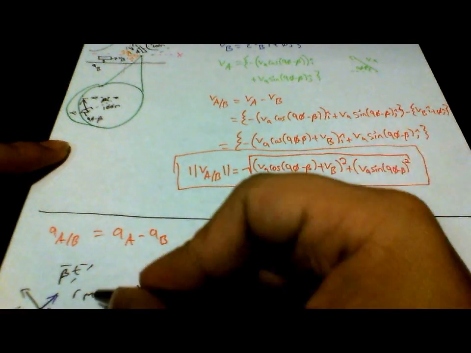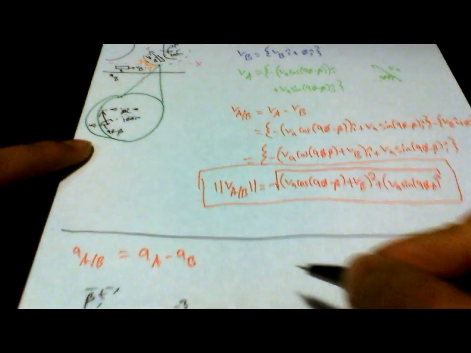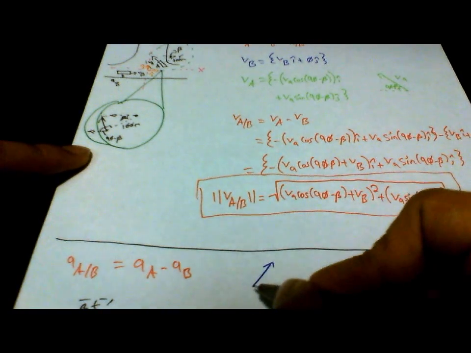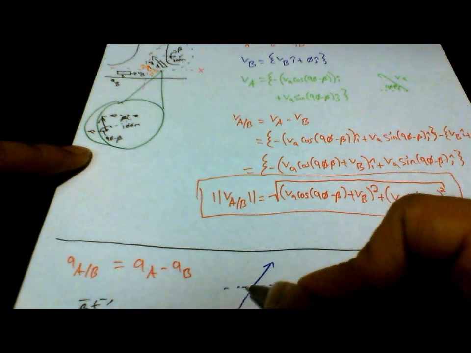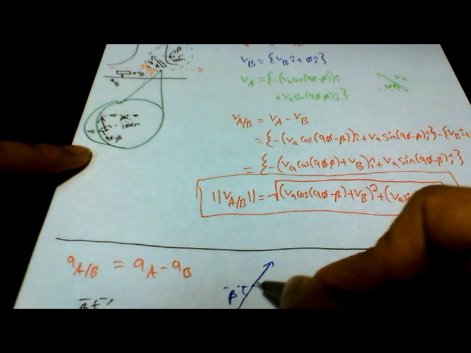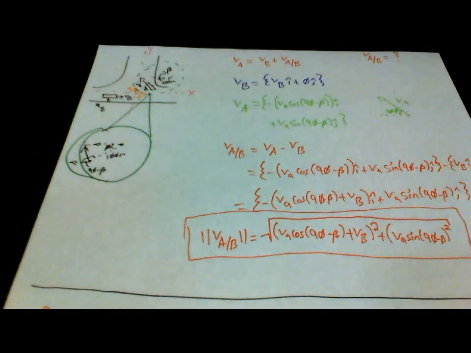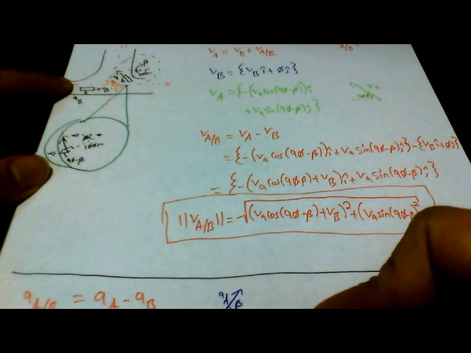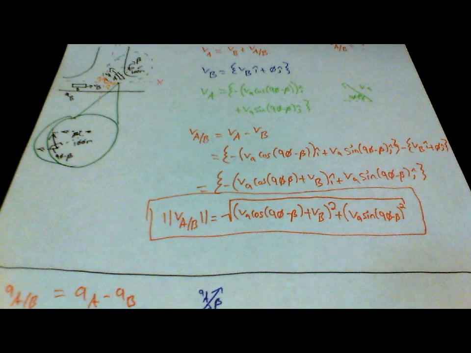Since you can superposition and move these around as much as you want, acceleration here, the horizontal is given by beta. This angle here is also beta. This is acceleration. Now notice that acceleration is going in the positive I direction and the positive J direction.